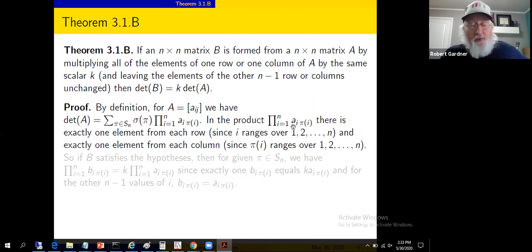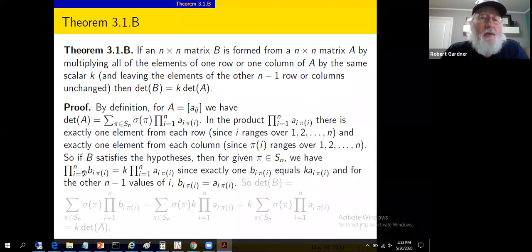One entry from each row and one entry from each column. All right, so if B satisfies the hypothesis that we've obtained it by taking, say, a row of A or a column of A and multiplying it by some constant, then we get the following.